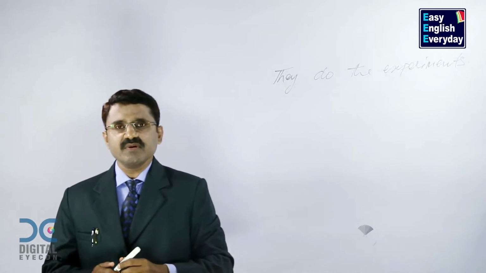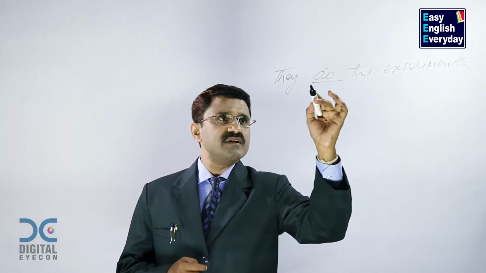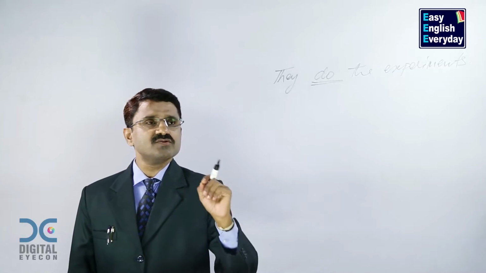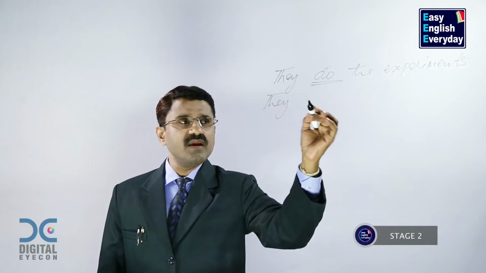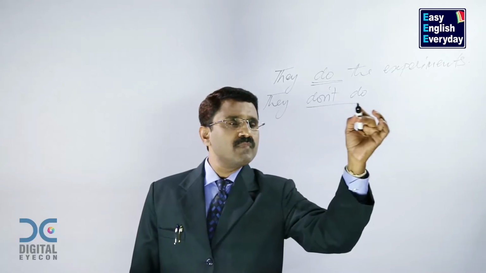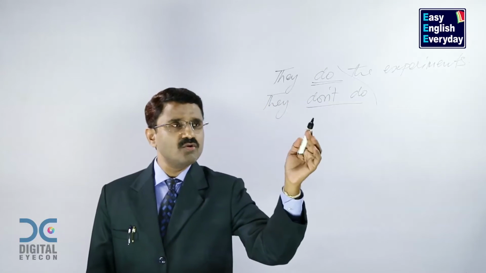They do the experiments in the laboratory. This is affirmative sentence. They do the experiments. Now I want to learn how to convert this into negative form. They don't do. They do, they don't do.